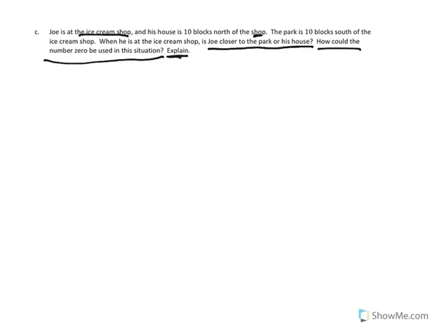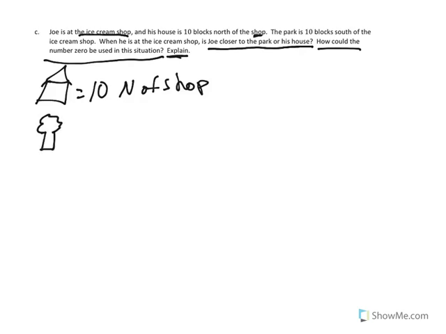So we know that Joe is at the ice cream shop and that his house is 10 blocks north of the shop. And the park is 10 blocks south of the shop.